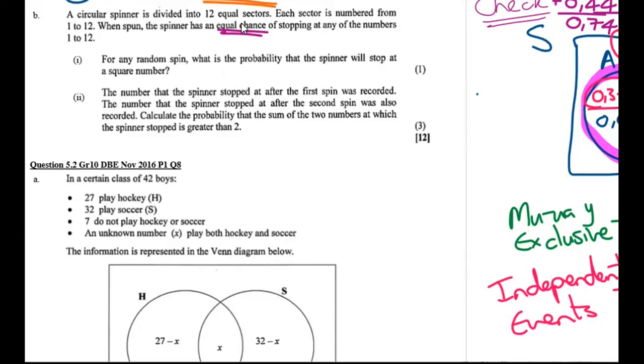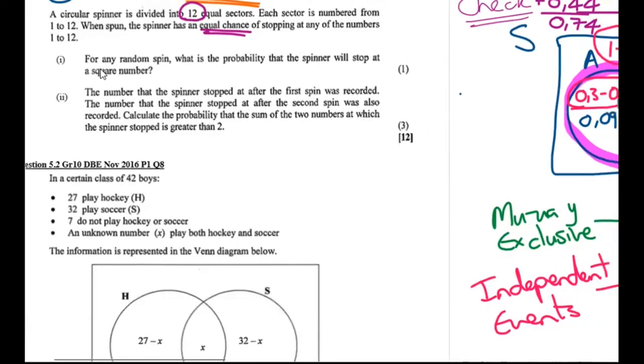Absolutely, kind of like 50-50, but 50-50 is when we're only flipping a coin, or when we've only got 2 chances or 2 different things that could happen, because then we've split it as a 50-50, and that's why we call it that. But in this situation, we've got 12 equal sectors. But yes, equal chance, they all have exactly the same chance of happening, but we're splitting it into 12 instead of 2.